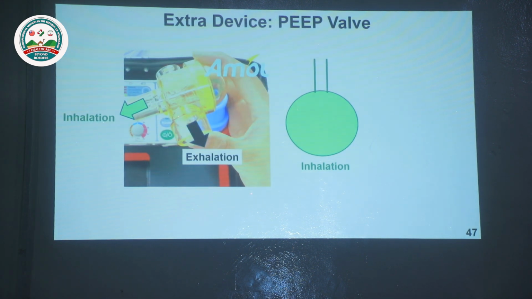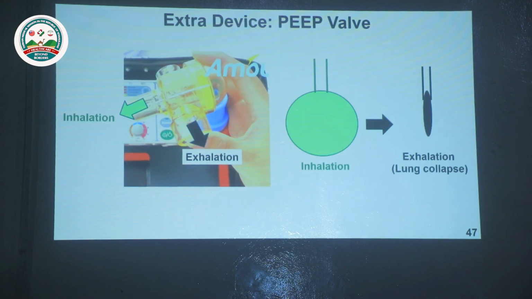However, during expiration, because the patient has obstructive disease, pulmonary edema or heart failure, these can cause lung atelectasis, or lung collapse, during expiration. If this happens, and you already give the patient 100% oxygen, FiO₂ is 100%, but the oxygen saturation is still low, you need to consider these things.